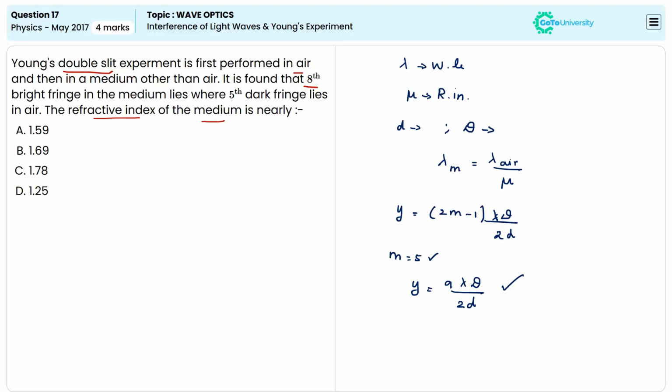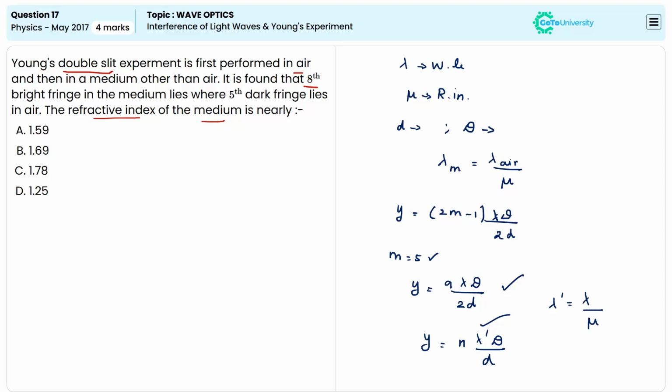Similarly, for a bright fringe in a medium, we can write the position y as equal to n lambda dash D divided by d. Lambda represents the original wavelength, whereas lambda dash represents the wavelength in the medium, which can be written as lambda air divided by mu.